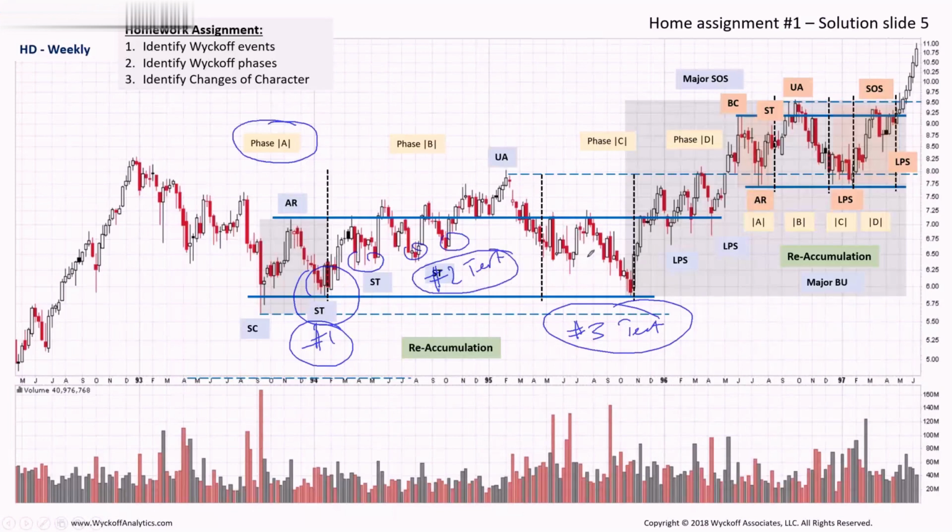So again, think in terms of the texture, right? So here is texture number 1 in phase A. Then we have a texture in phase C, which is basically a trading range of its own. We have a selling climax, automatic rally, secondary test, upthrust action, and then its own phase C. So this looks like its own formation. And then what remains?